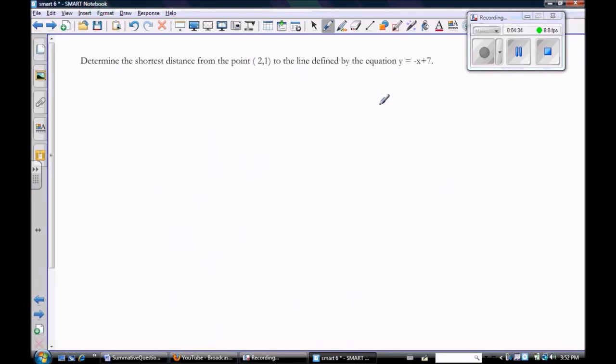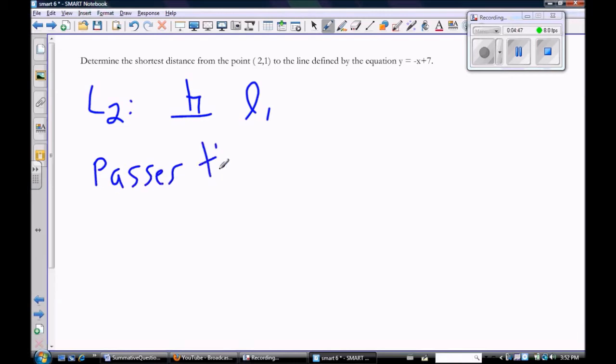So again, we know that line 2 is perpendicular to line 1, and it passes through points P and Q. Now, it's not that useful to me that it passes through point Q right now because I don't know anything about point Q. But I do know that point P has coordinates (2, 1).